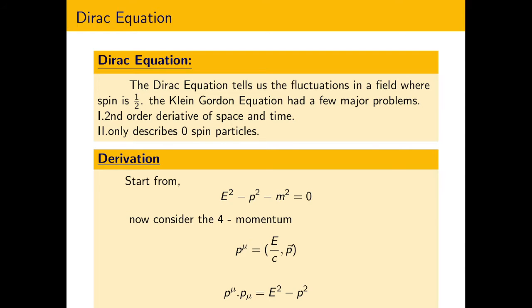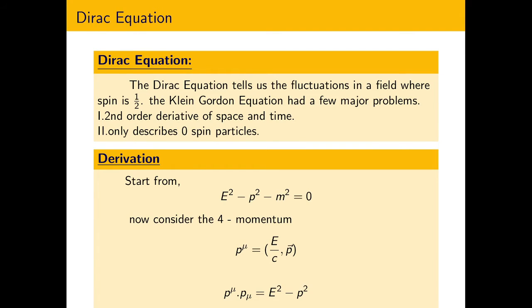Now we are going to talk about four vectors. P mu is a four vector in the sense that it has four components. One of its components is a temporal component, and the other three are spatial components. The temporal component here is defined by E over c, but we can consider it as just E because, as I said, in natural units, c is equal to 1.